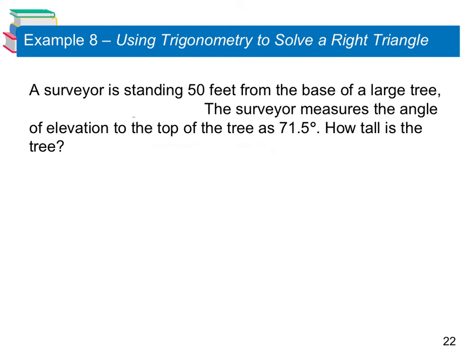Okay, so a surveyor is standing 50 feet from the base of a large tree. So we have a surveyor here and a large tree here, and they're 50 feet apart. The surveyor measures the angle of elevation to the top of the tree as 71.5.